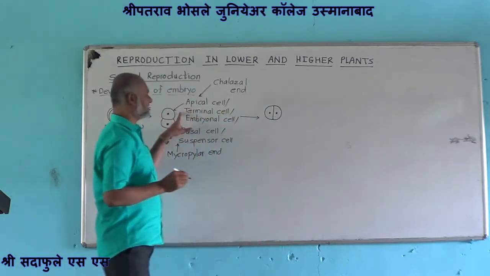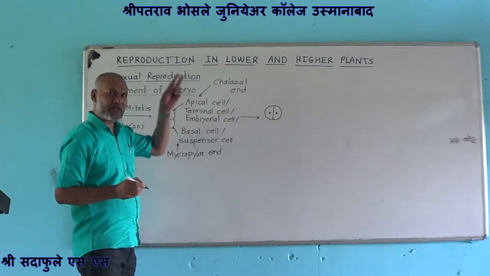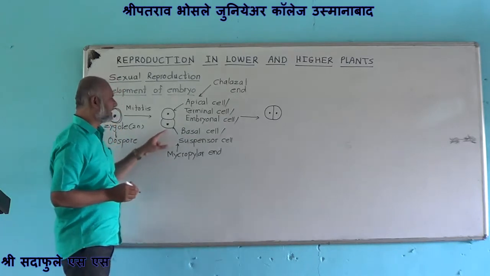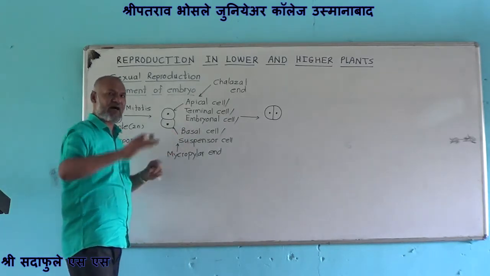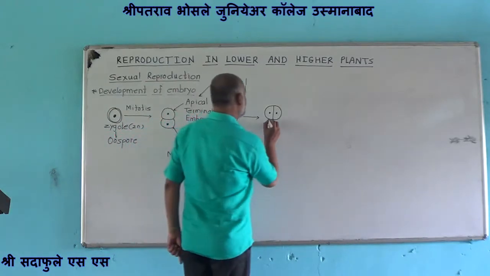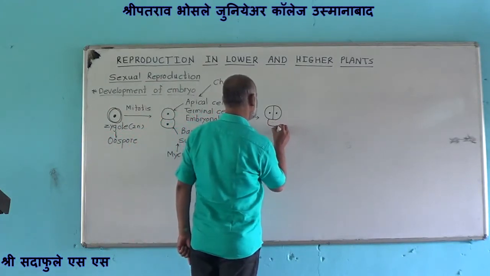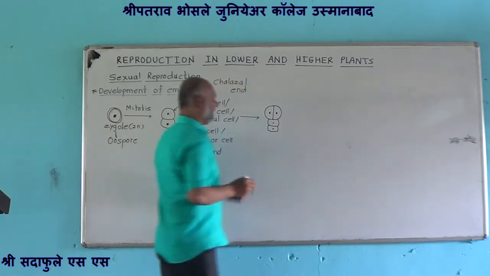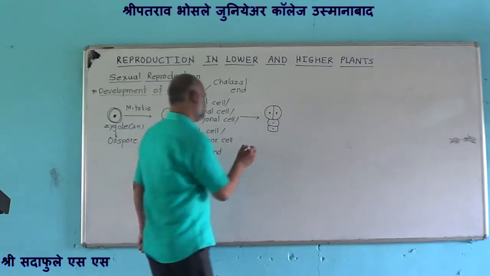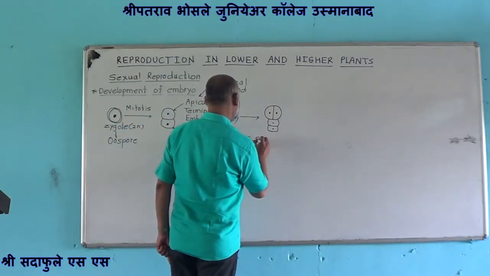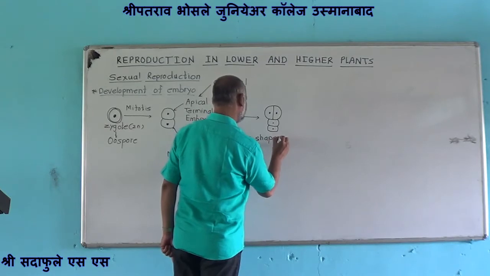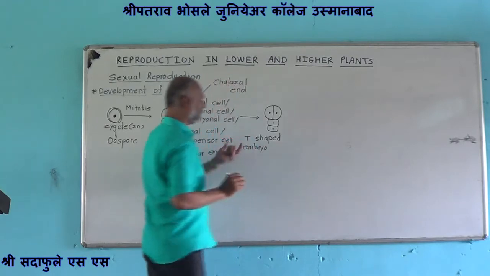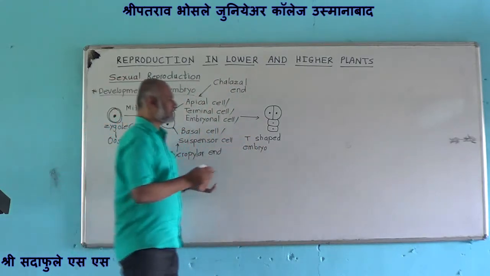Similarly, this basal cell divides by transverse division to form two cells like this. And such an embryo is termed a T-shaped embryo. Okay.